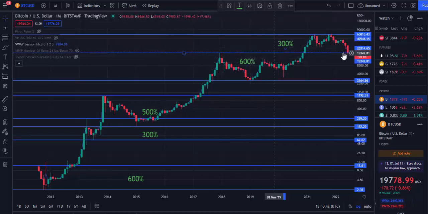So with this, I still believe that we are still going to go deep, as low as 14,000 around here, between 14,000 and 11,000, between 14,000 and 10,000. I believe we might not actually touch 10,000, but I still strongly believe in 13,000, 14,000, that Bitcoin can go as low as that.